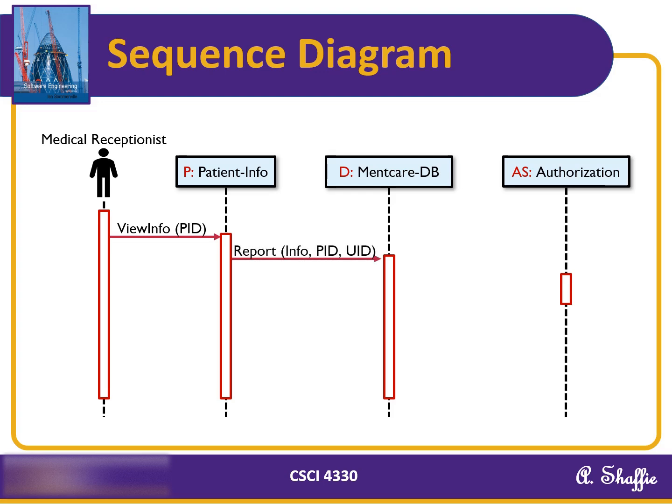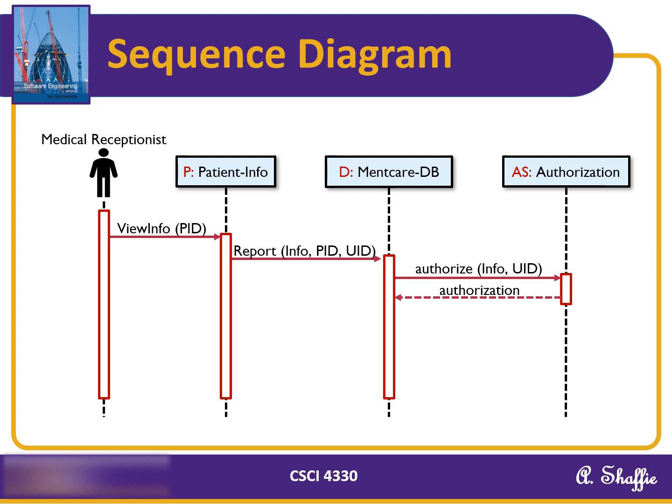The instance P communicates with the database to obtain the requested information, so it sends the PID and the user ID. The database verifies the authorization of the receptionist through an authorization system. It checks whether the receptionist has the necessary permissions to perform the requested action or not from the return of this call.